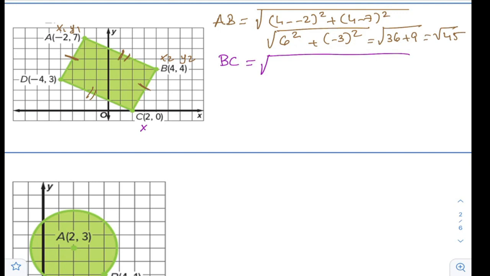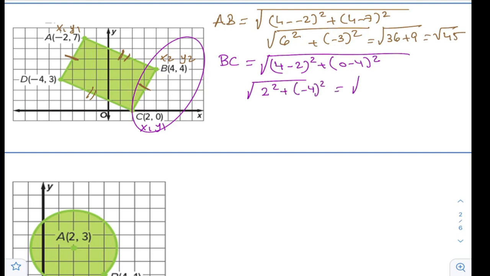So we can name this now X1, Y1, and let's this be X2, Y2. Okay, now we found the length and the width.